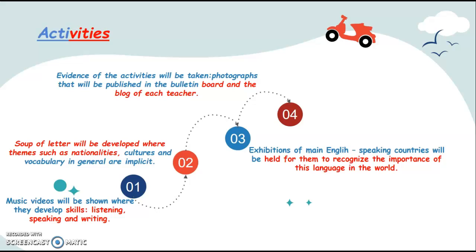Third, an exhibition of the main English-speaking countries will be held for them to recognize the importance of this language in the world. And fourth, evidence of the activities will be taken as photographs that will help publish on the bulletin board and the blog of each teacher.